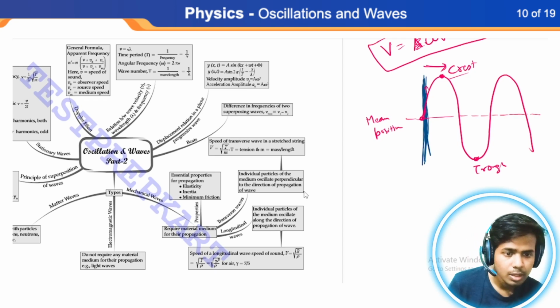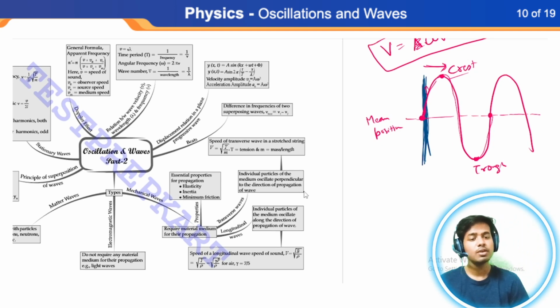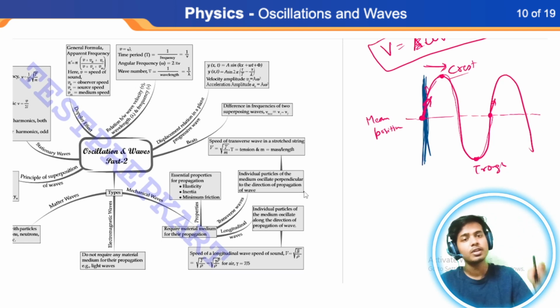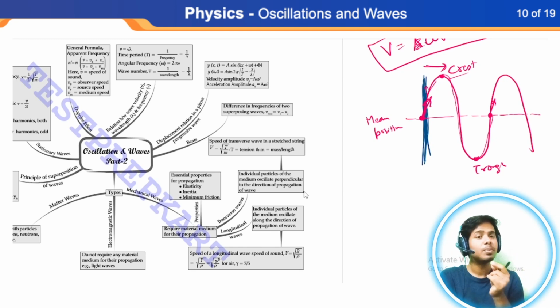Now I started here, went like this, and as soon as I reach here, you observe that the motion is exactly a copy of the previous motion, and everything after it is a copy of it. So it basically means one cycle is complete here, after which the same cycle will be repeated over and over again.